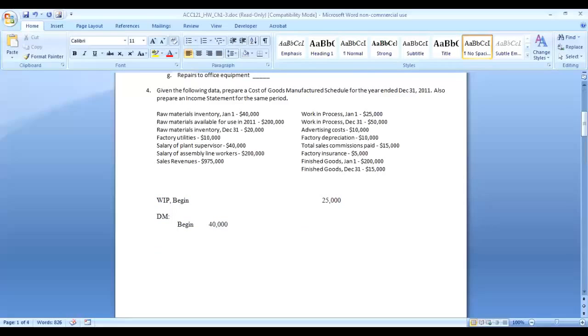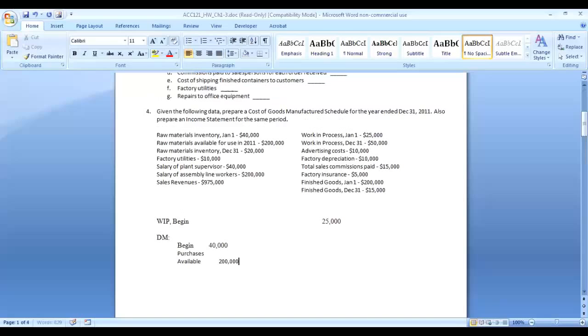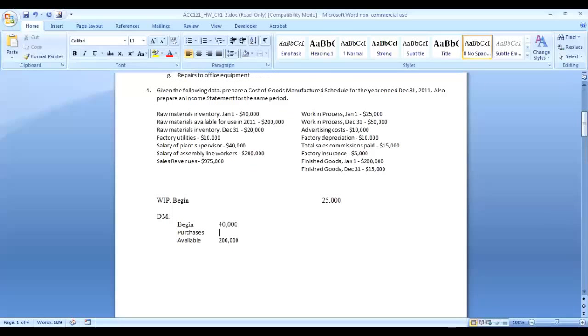I started with 40,000. I didn't know what purchases were, but I did know that my total raw materials available were 200,000. So I started with 40, I had 200 available, I must have bought 160.